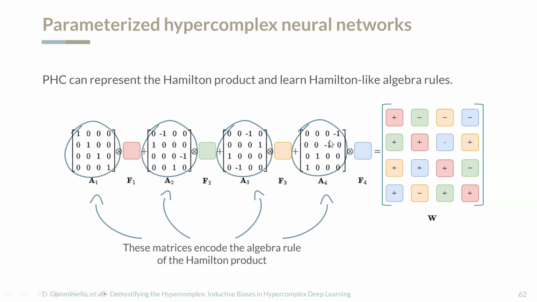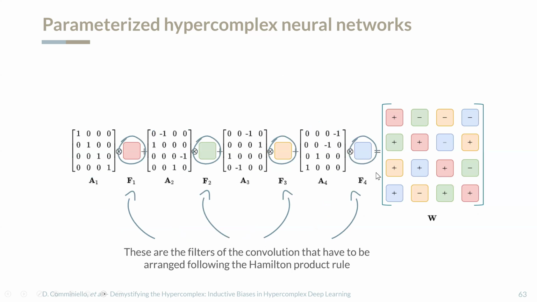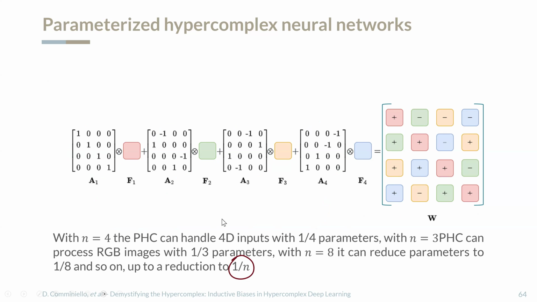If we make this kind of operation, actually we are also able to consider any number of elements of the matrices that compose these original matrices. So actually, we can generalize this kind of factorization with any order of the hypercomplex algebra, leading to a reduction of 1 over n.